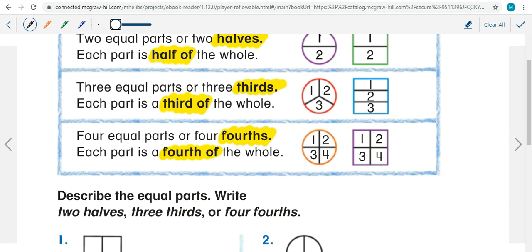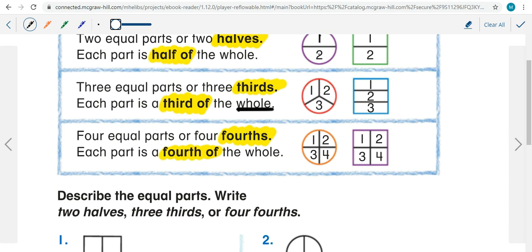3 equal parts or 3/3, le llamamos tercios when any shape is divided into thirds. This is 1 part, 2 part, 3 part of the whole. Remember, whole means entero. Now, take a look at the same shape. 1, 2 into 3 equal parts. 4 equal parts or 4/4, le llamamos cuartos.